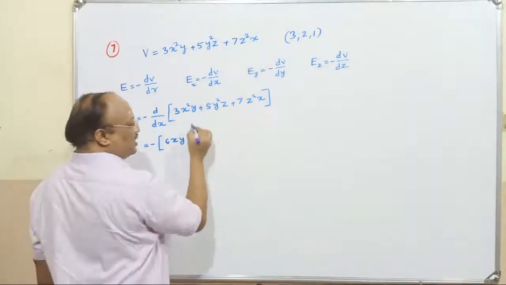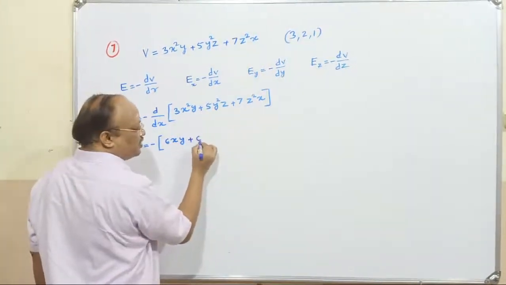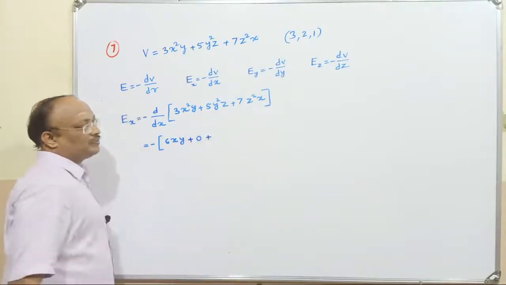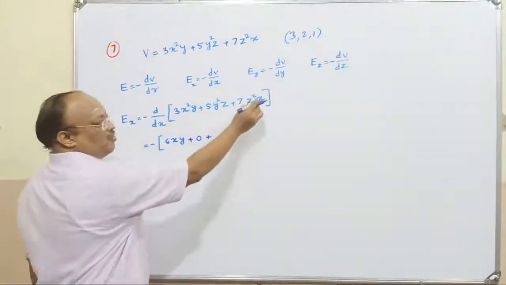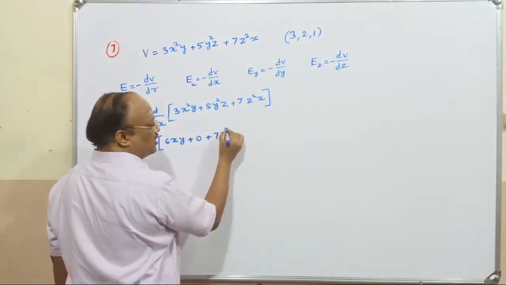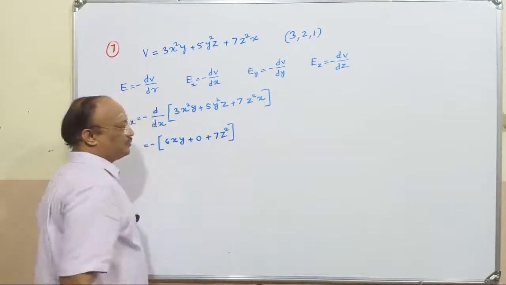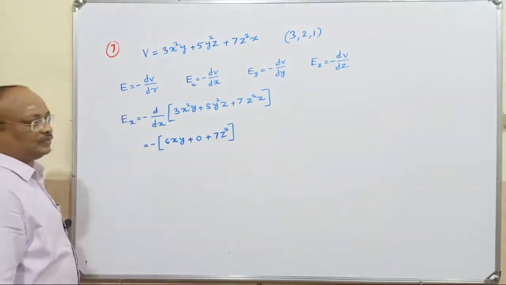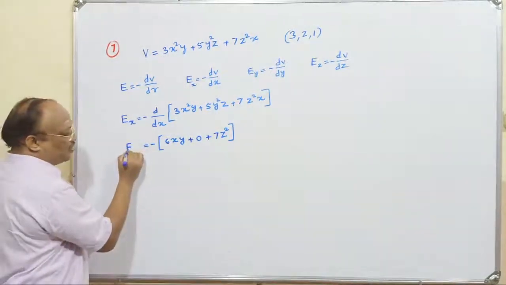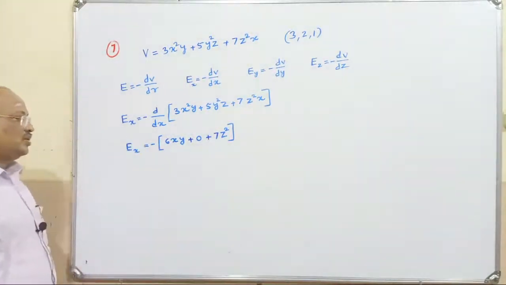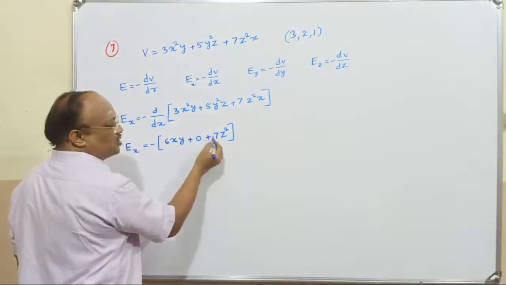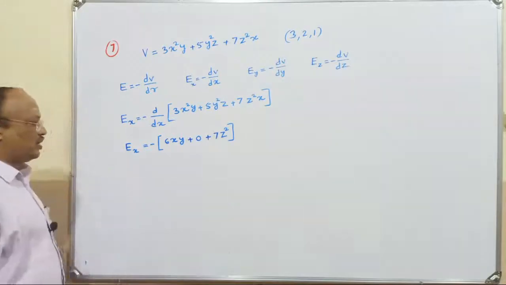No x term in the second term, therefore it will be 0. Plus, only one x term is there, so it is 7z square. So Ex is equal to minus of 6xy plus 0 plus 7z square.